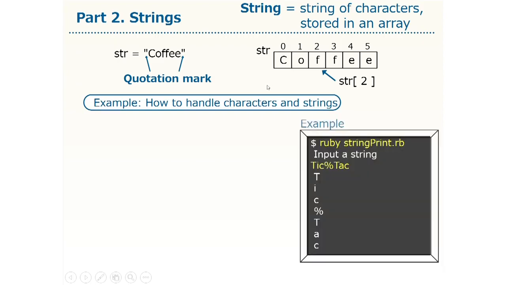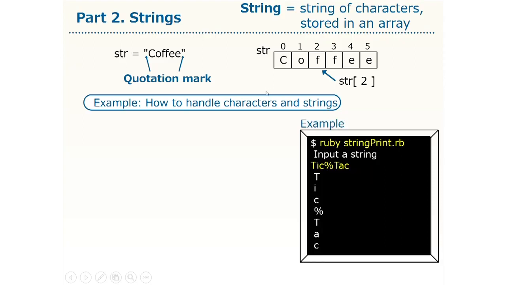Suppose we have created a program called string_print.rb, as I will show you later. Let's try running the program. It asks you to put in a string. Then assume that you type in this string, TIC%TAC, and press the Enter key.